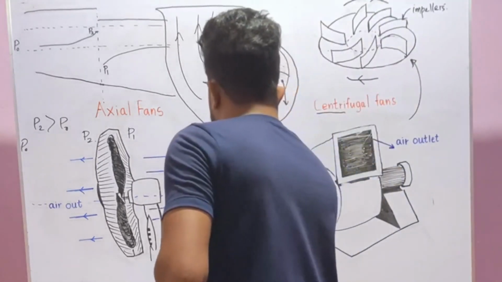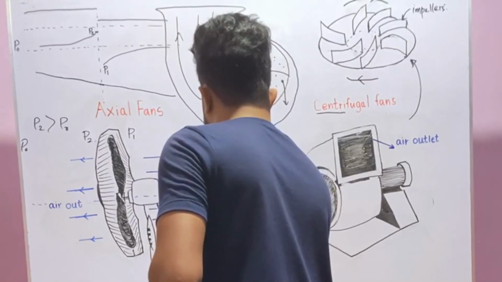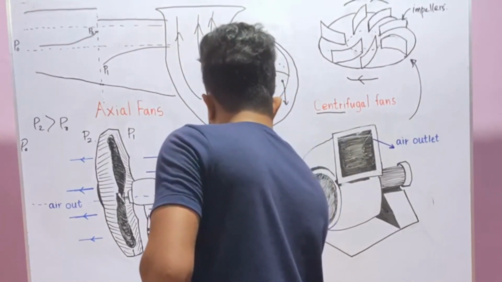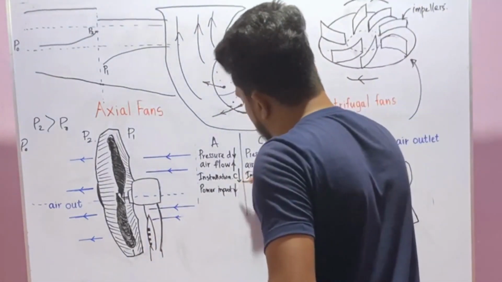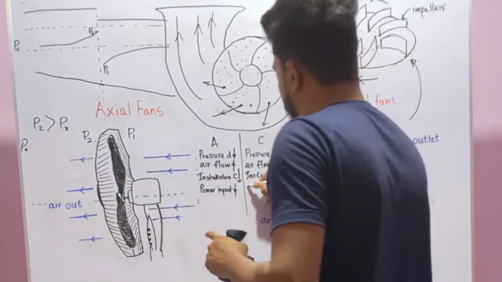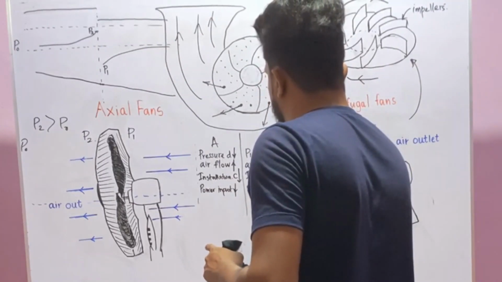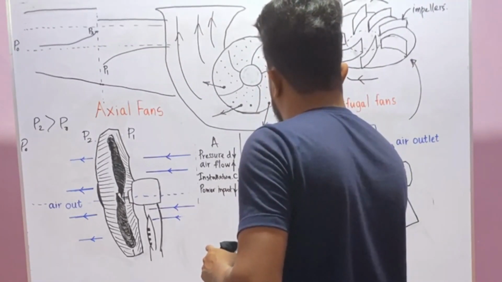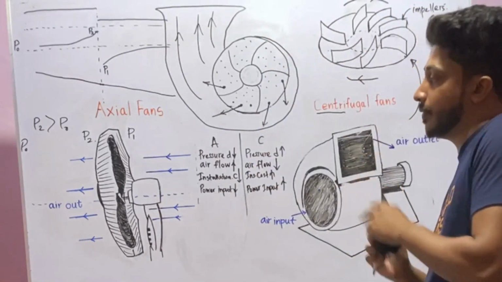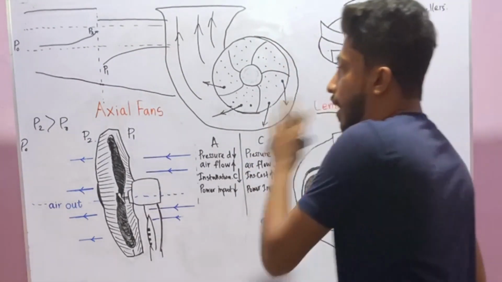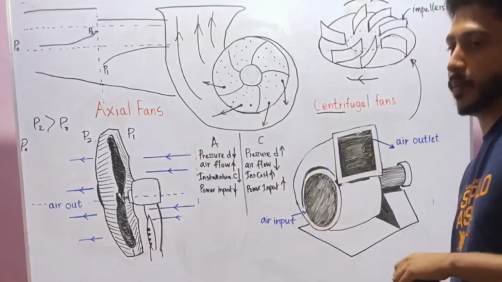And also power input. Power input is also low in an axial fan. In centrifugal fans, power input is high compared to the axial fan. So those are the major differences if we compare axial fan and centrifugal fan.